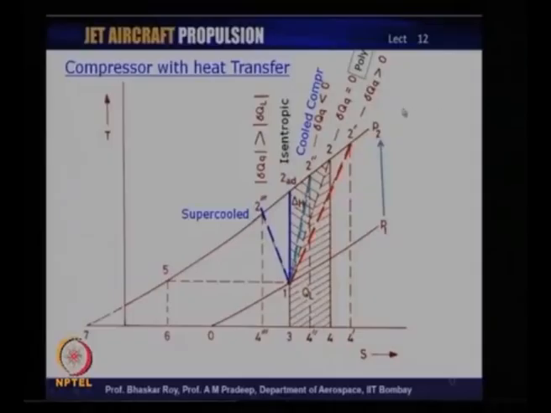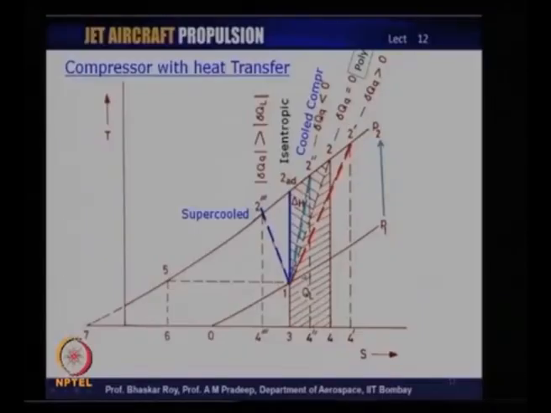And then we consider two processes, one in which the heat transfer is greater than 0, another in which the heat transfer is less than 0. So, in one case the compression process or compressor is subjected to a certain amount of heating, and in the other case the compressor is subjected to a certain amount of cooling.